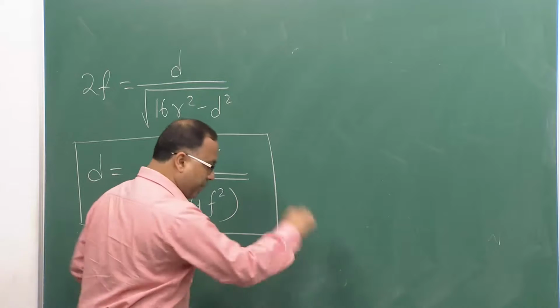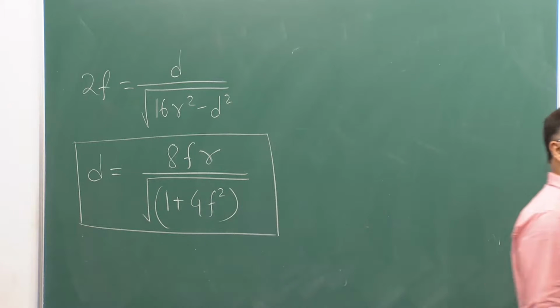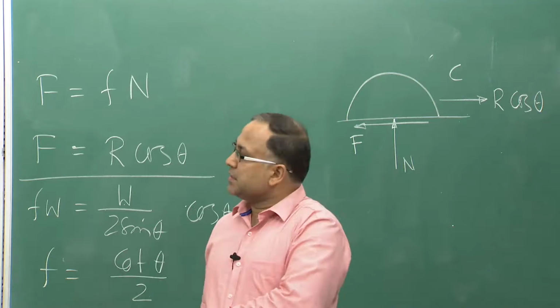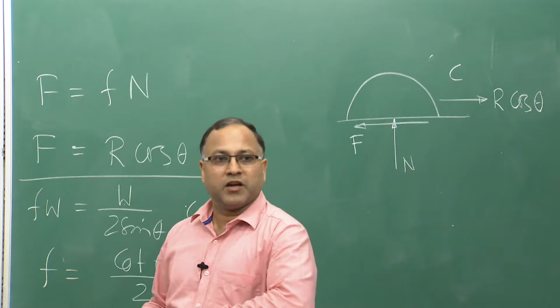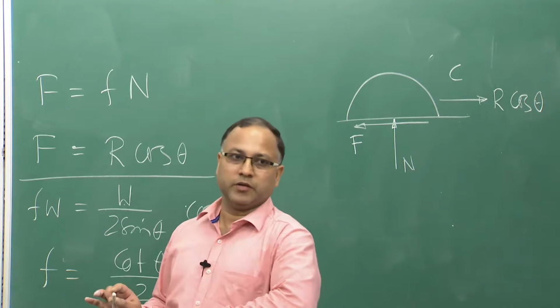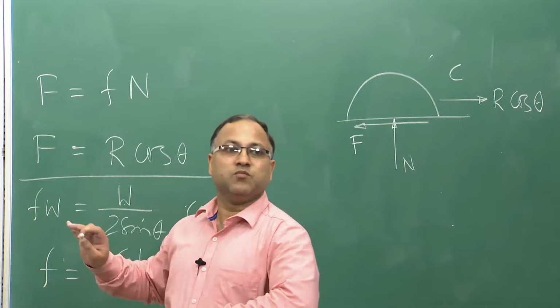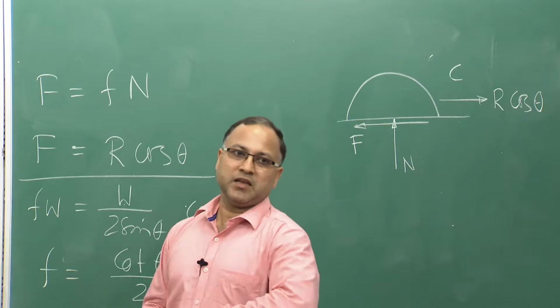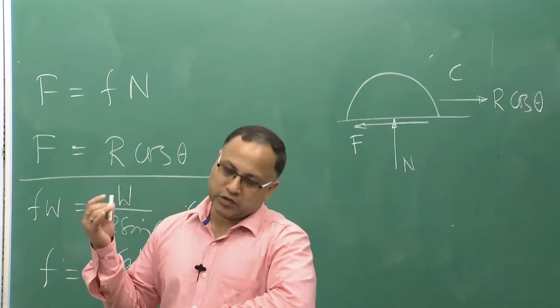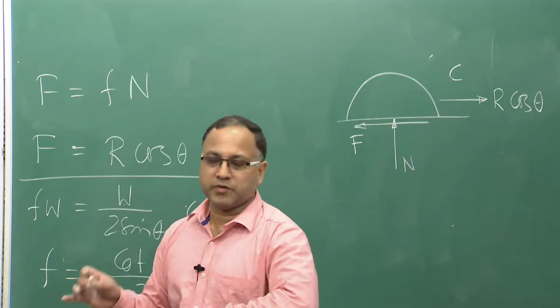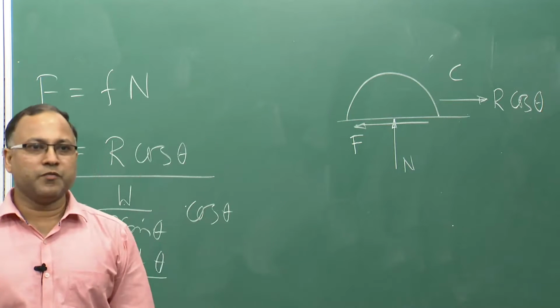So, this is the maximum distance you can maintain between cylinder B and cylinder C, so that the whole system will be under equilibrium. Once this d is more, then your equilibrium will be getting disturbed. So, I will stop here today.